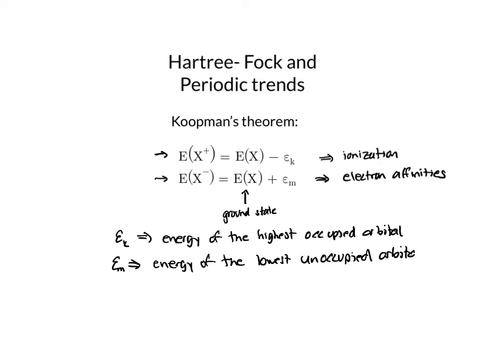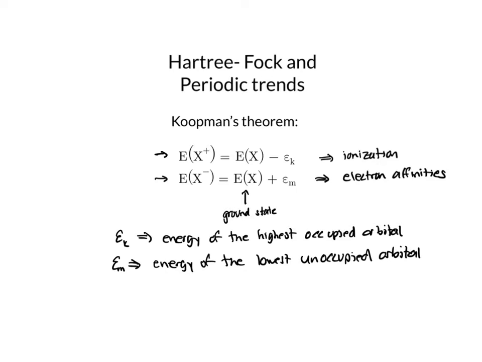So if we take these self-consistent field calculations out to the first orbital that is not occupied, then we can obtain values for that energy of the lowest unoccupied orbital.